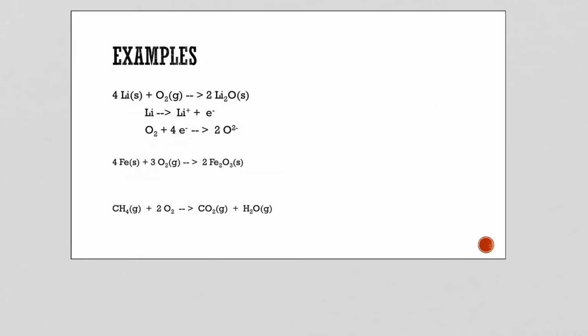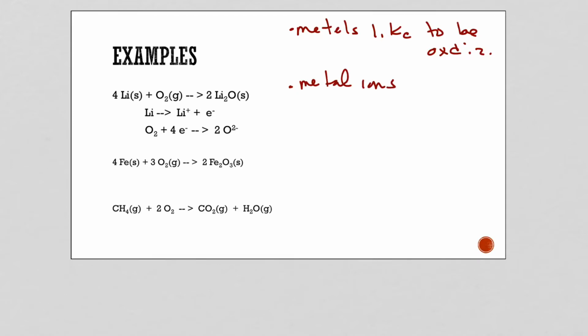Now, in many redox examples, it is a metal that undergoes oxidation. If we think about some trends, metals like to be oxidized, whereas metal ions like to be reduced.